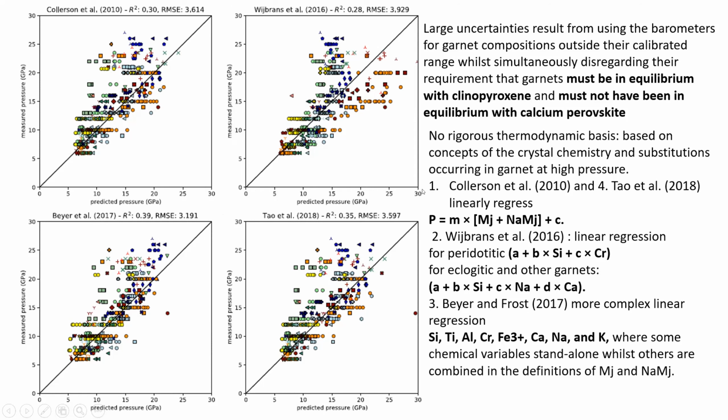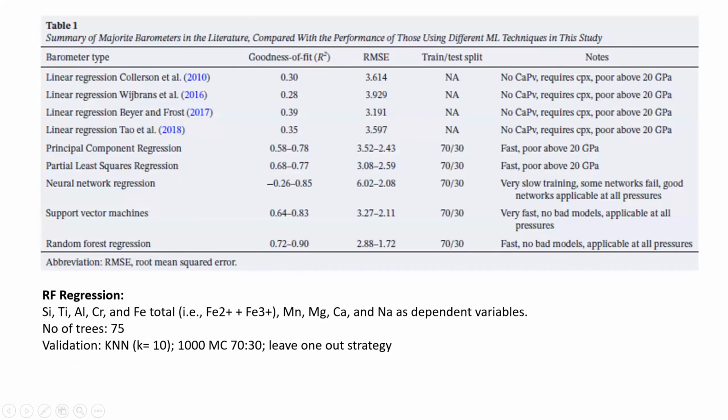What they have tried to do is apply machine learning methods. The positive thing about machine learning is that we do not depend on only particular factors. Here we can use the whole major element composition, and they have used all these elements as dependent variables.